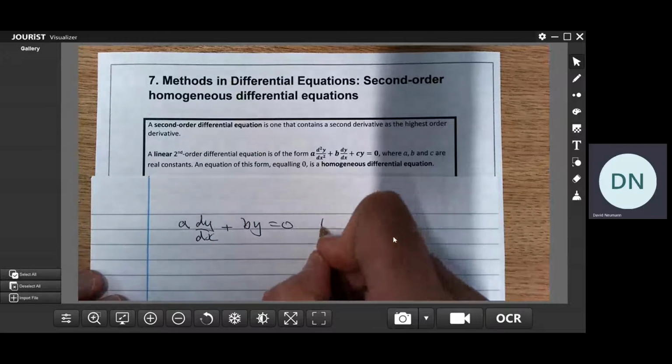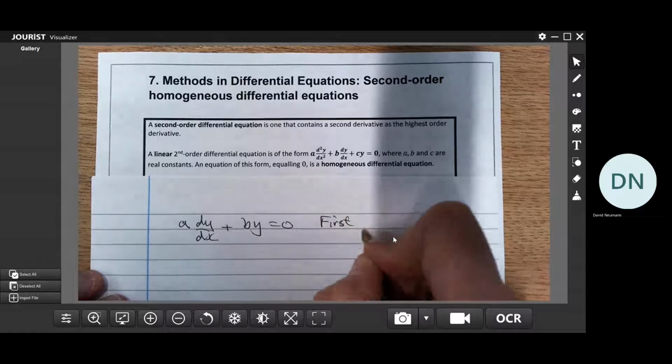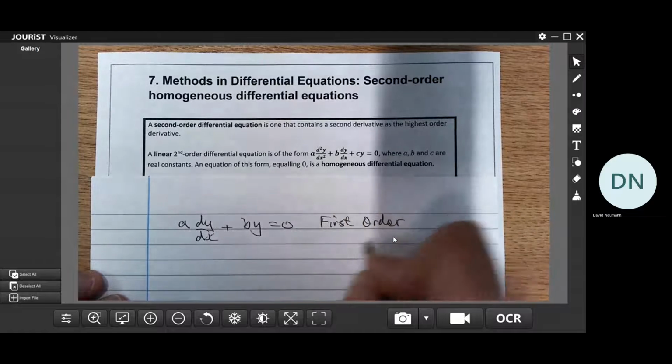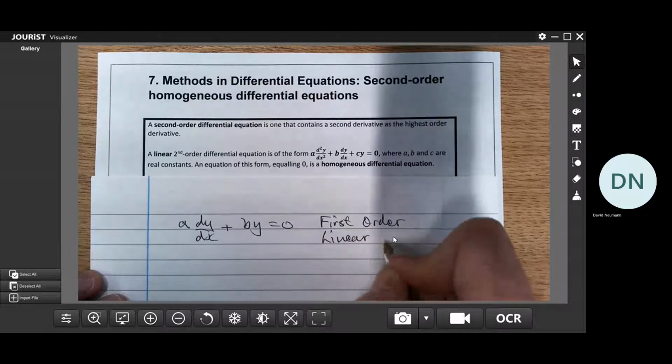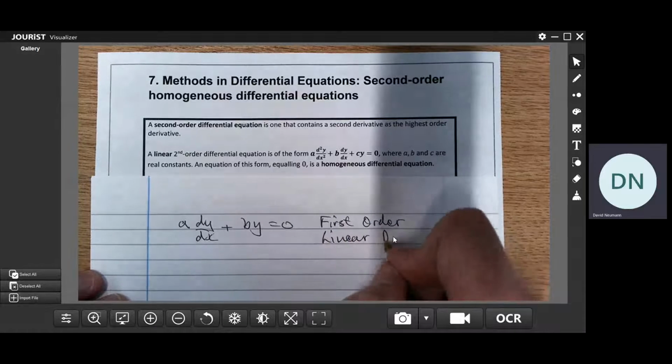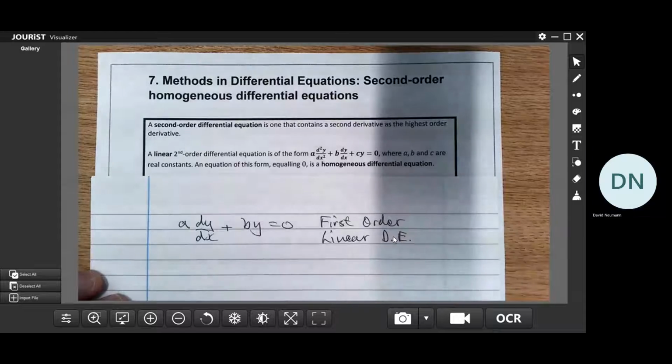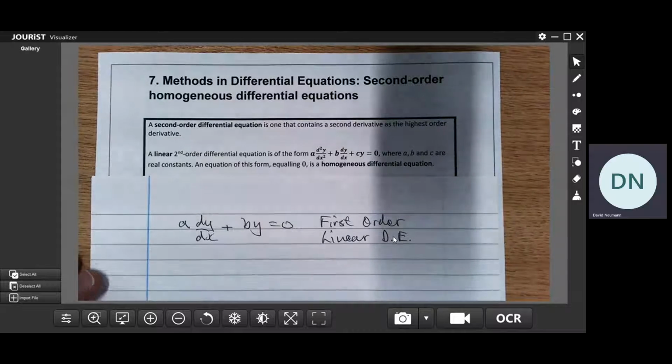So that's a first order linear differential equation. I guess you'd call that homogeneous as well, because it's got equals 0 here.